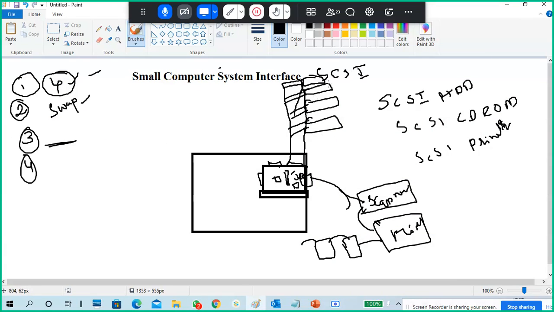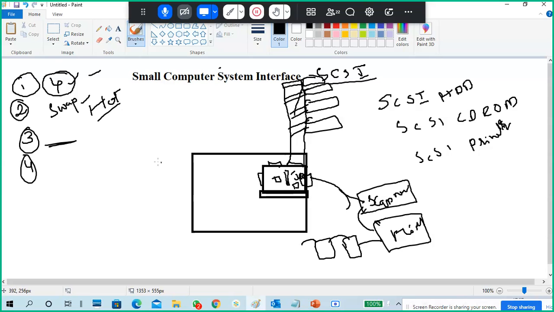Next, SCSI disks are hot swappable. So whenever a disk fails, or you want to connect or disconnect devices, you can simply do it. That is called hot swappable.